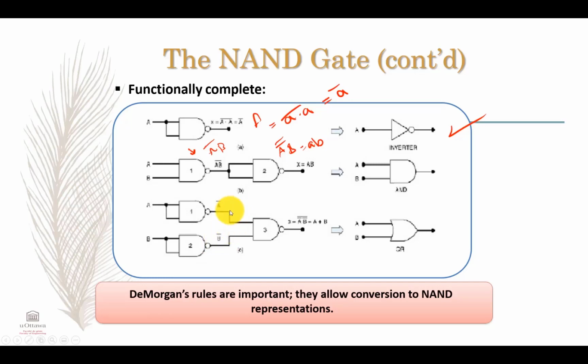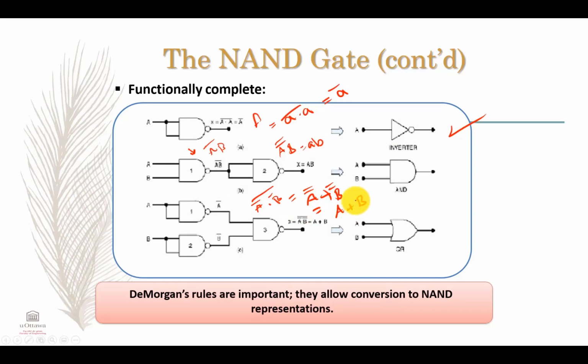And then I have A prime and B prime, all of them going to a NAND. So what I can do is bring the prime in and change the sign, so this will be equal to A double prime plus B double prime, and that is equal to A plus B.